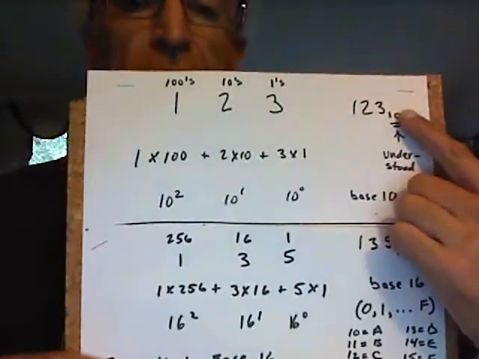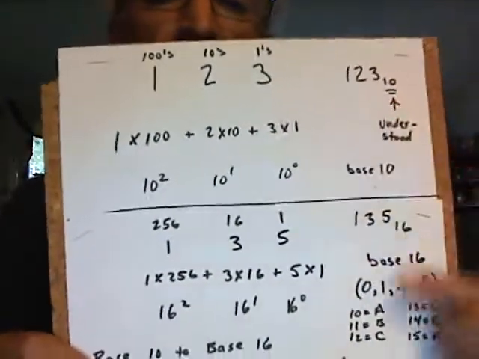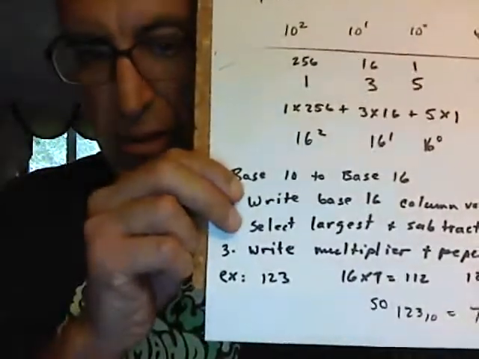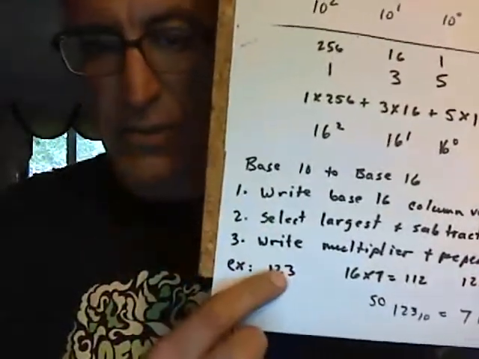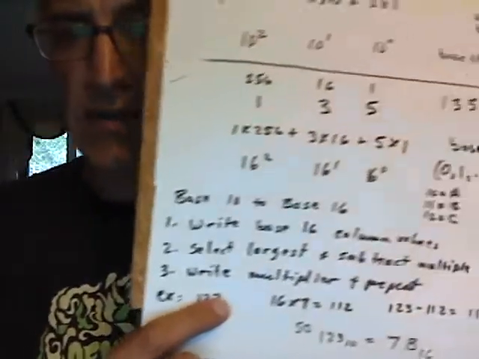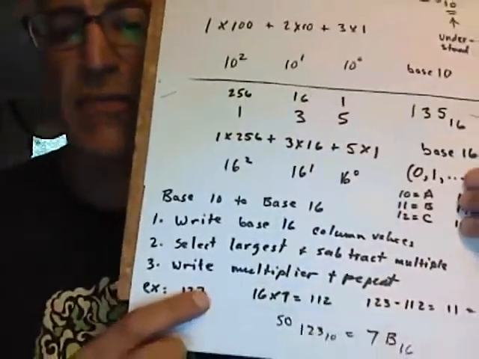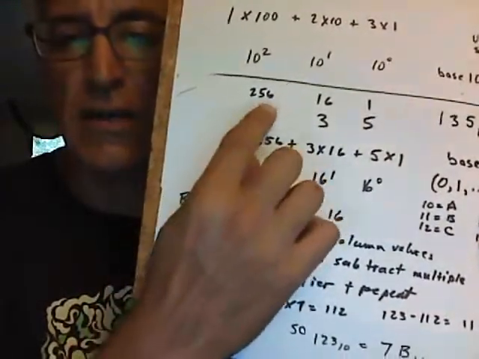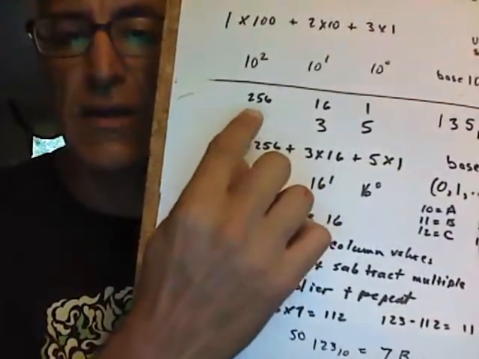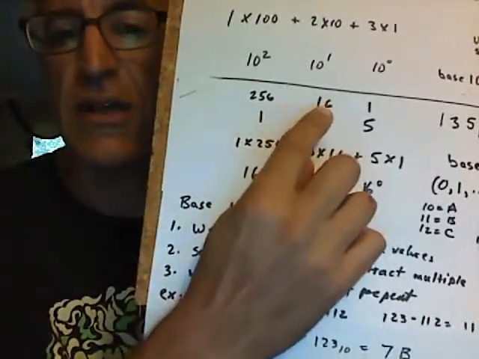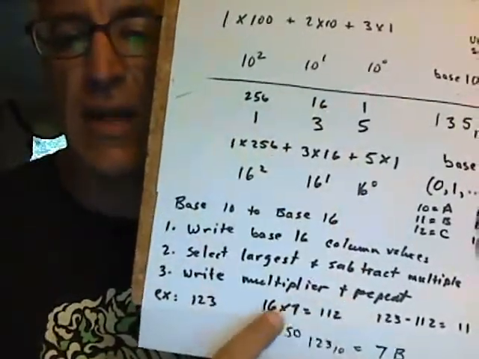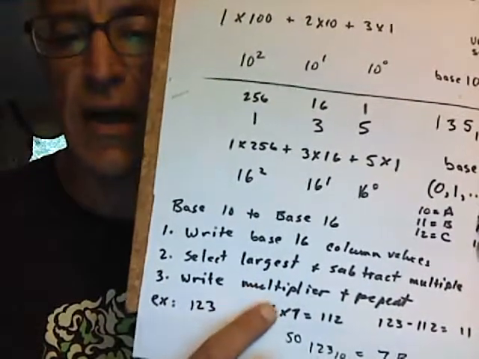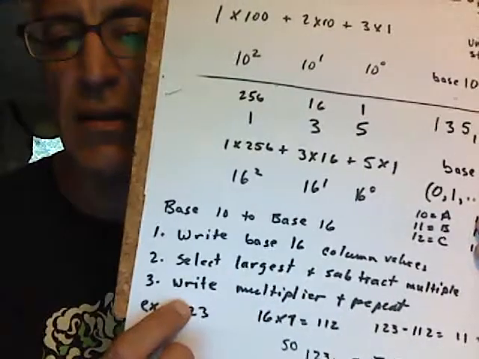So if we're going to take 123 and convert that to base 16, we'll first take the largest number that we can subtract from 123, and that is not 256, right, because that's too big. So we go to the next number, which is 16, and we say what number times 16 will subtract from 123?